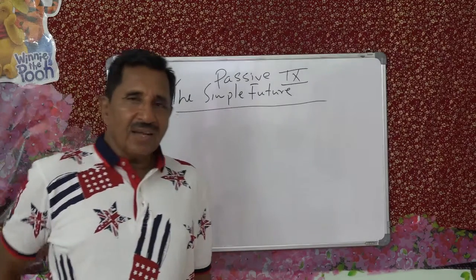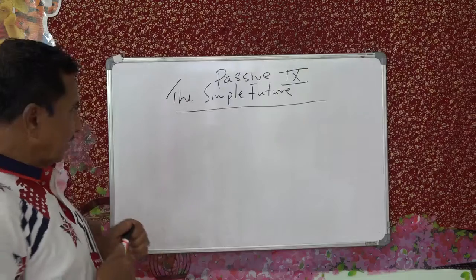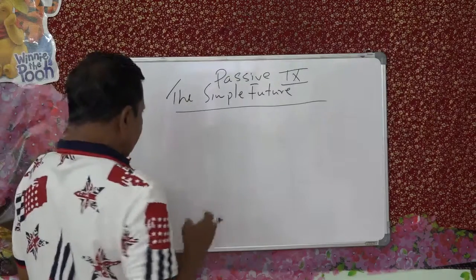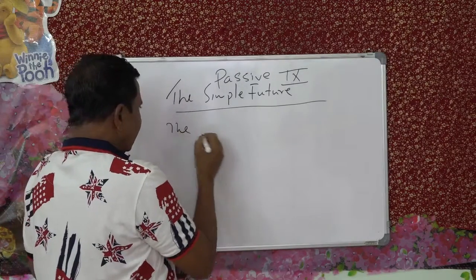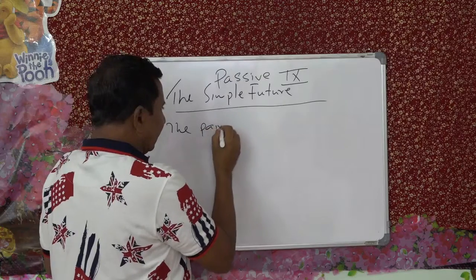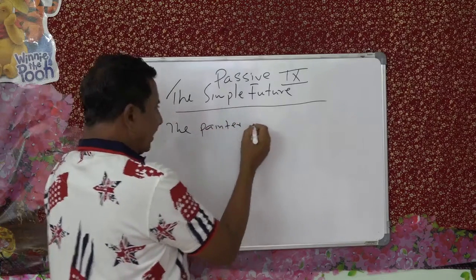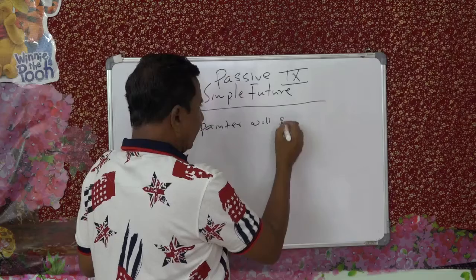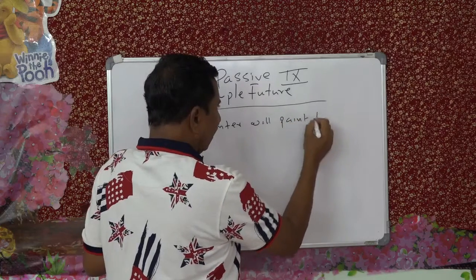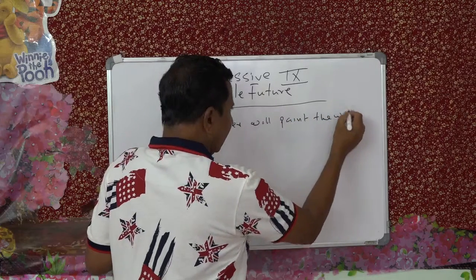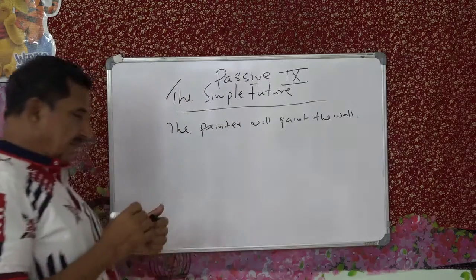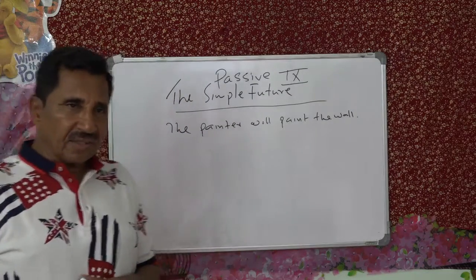Now we are coming to passive 9, that is the simple future tense, will. As usual, we can begin with our example. The painter will paint the wall. Very good. So the passive is very simple as far as future is concerned.